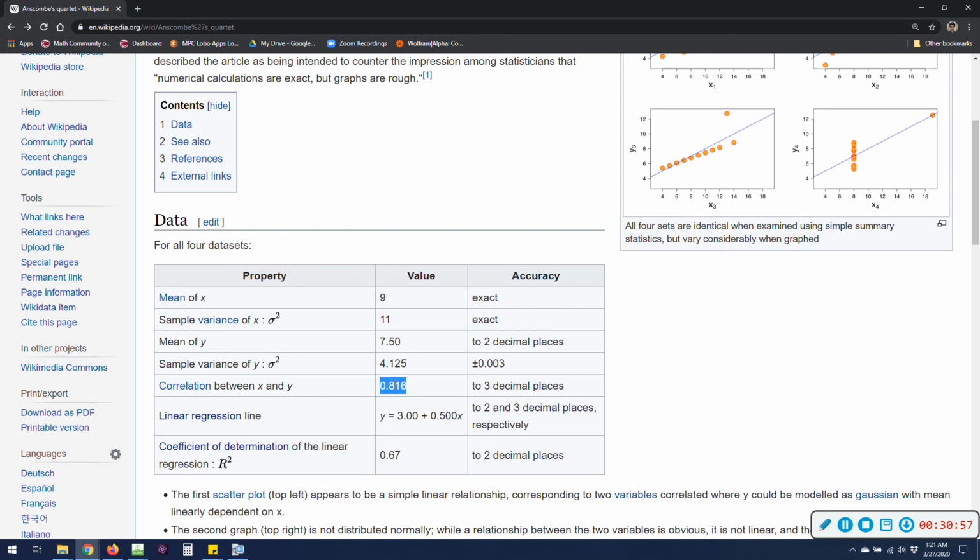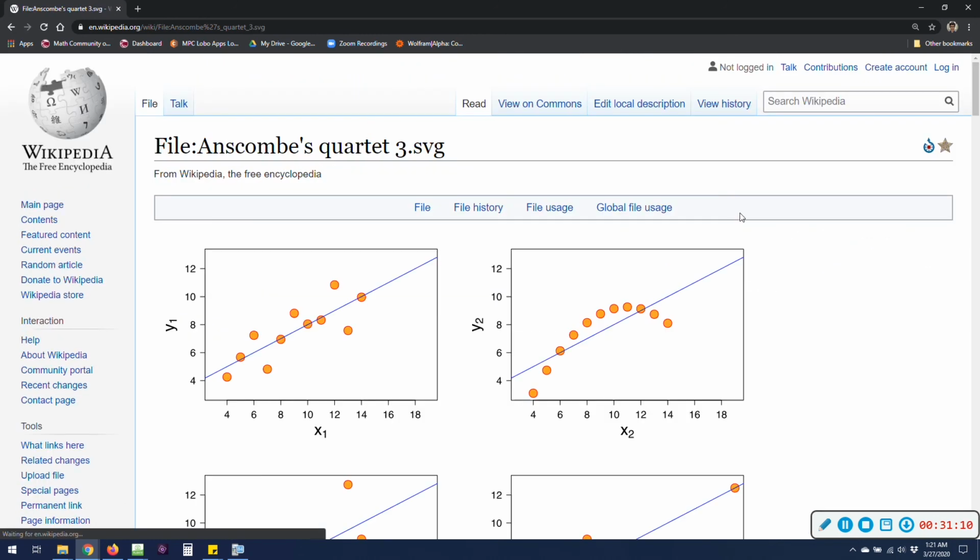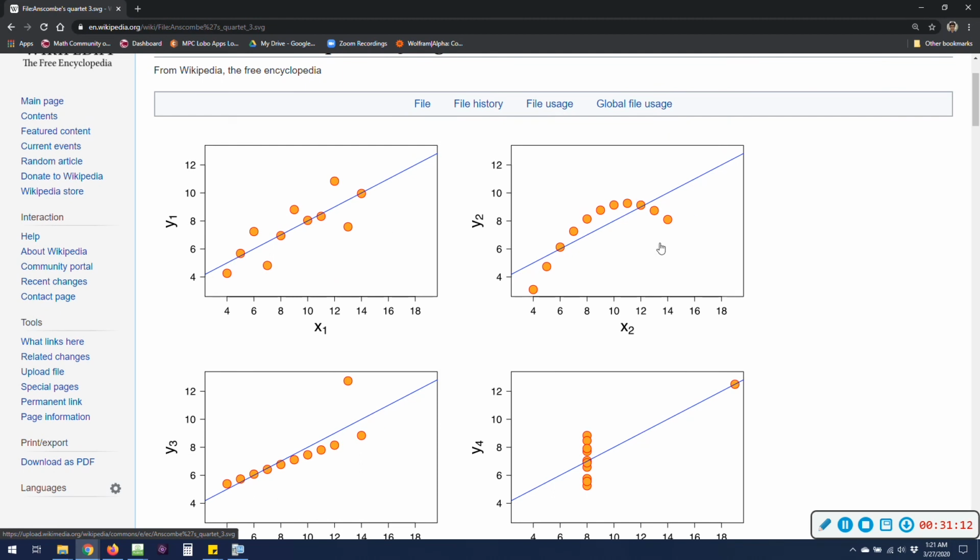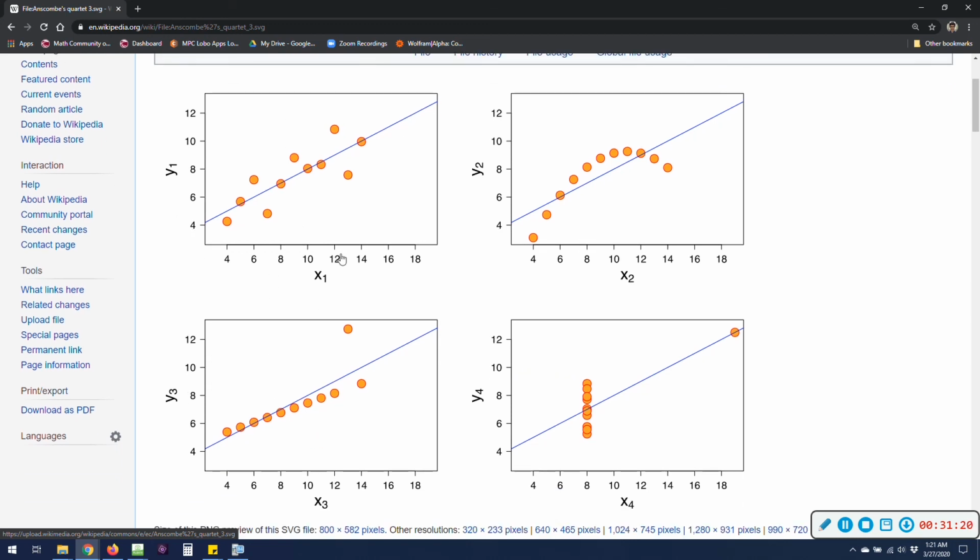Even the coefficient of determination of linear regression, r squared, which in some books they write as capital R squared, is also the same. And you can see from here that the least squares regression lines are all the same. So the methods that we are doing in chapter 4 are only really good for the first and the third ones here. They're not going to be good for something nonlinear or something like this.